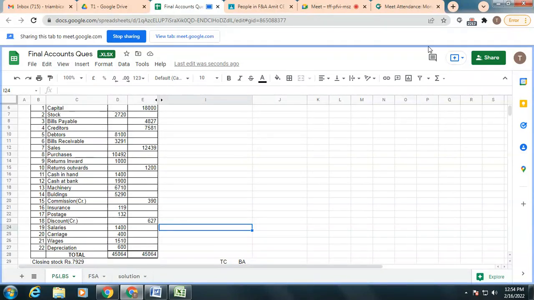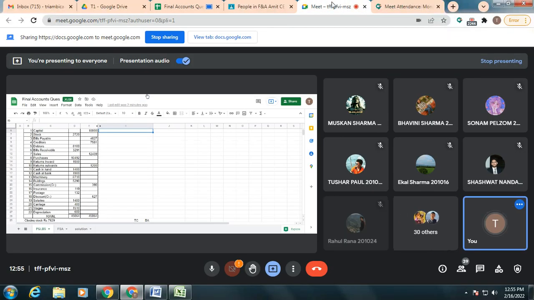Okay, so rather than noting down the question, let us start with the first stage of classifying. What are we supposed to do? Classify all the values in this particular trial balance as real, personal, and nominal. So capital is, yes, class, real, personal, or nominal?